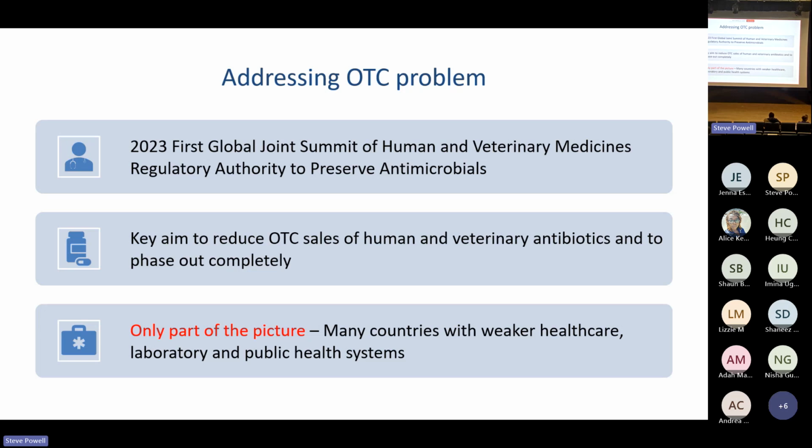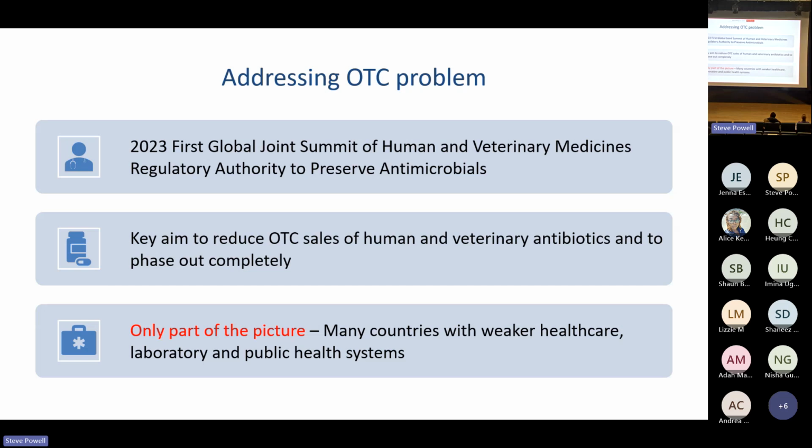So, addressing the over-the-counter, OTC, problem: 2023 was the first global joint summit of human and veterinary medicines overseen by the WHO. I think it's amazing it took until 2023 for that summit to take place. Perhaps others might agree.